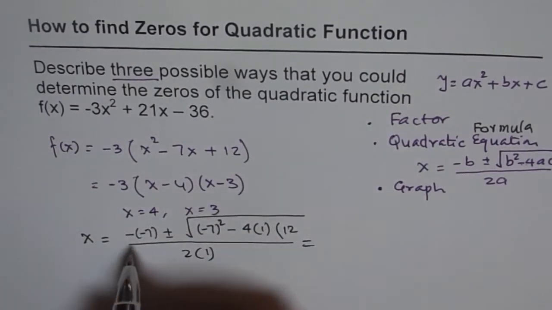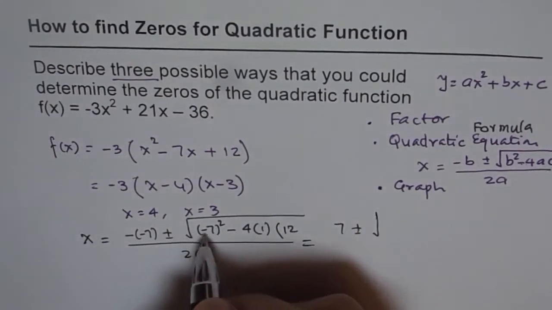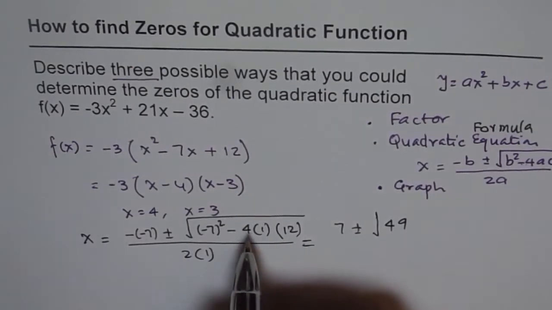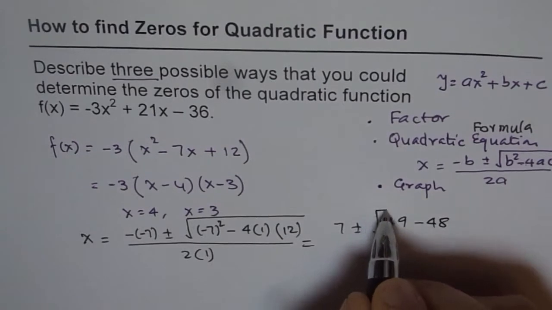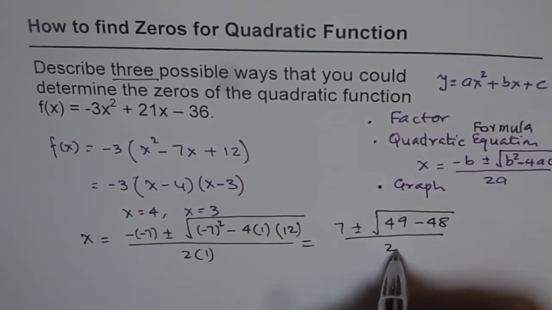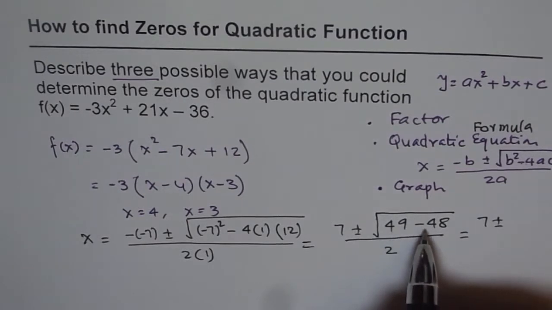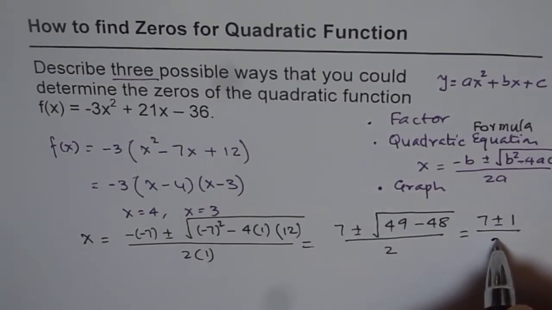So then I get what? Minus of minus 7 is 7, plus or minus the square root of minus 7 squared, which is 49, minus 4 times 12, which is 48. So the square root of 49 minus 48, divided by 2. That gives us 7 plus or minus the square root of 1, which is 1, over 2.